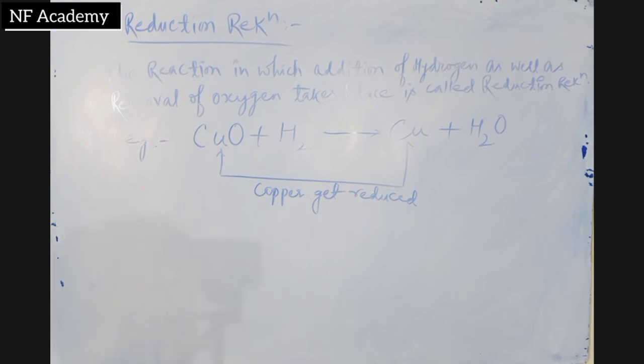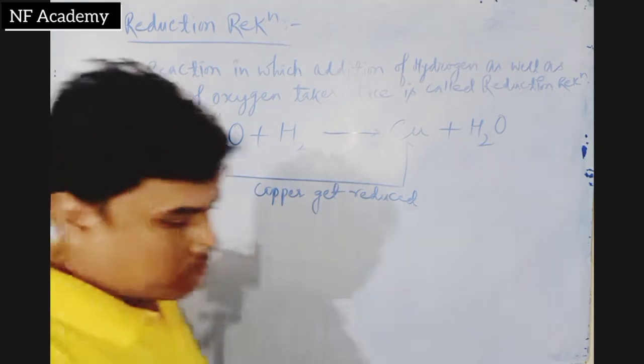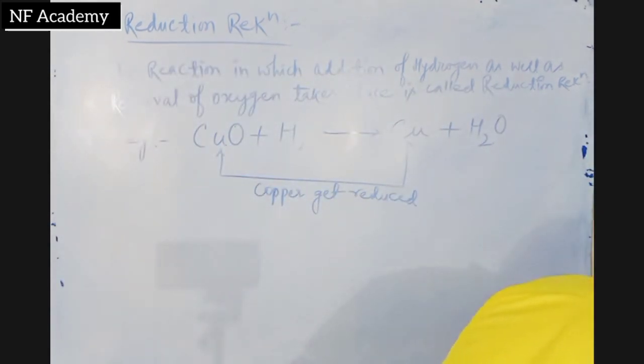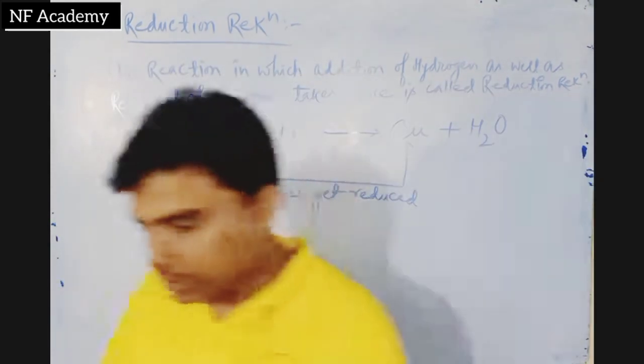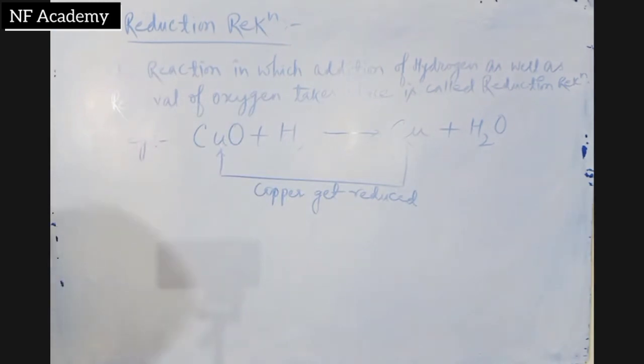The reaction in which the addition of hydrogen as well as the removal of oxygen takes place is called reduction reaction. Here you can see when copper oxide reacts with hydrogen, it forms copper plus water.